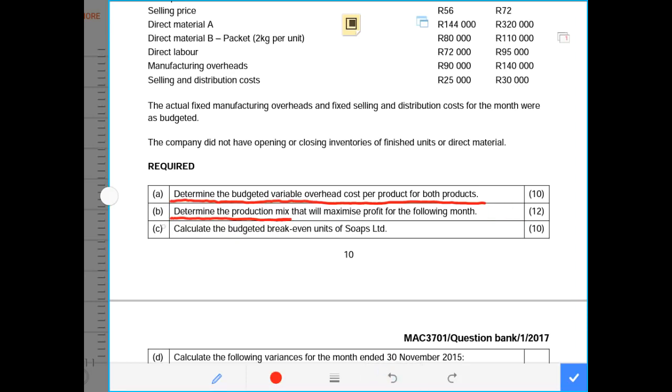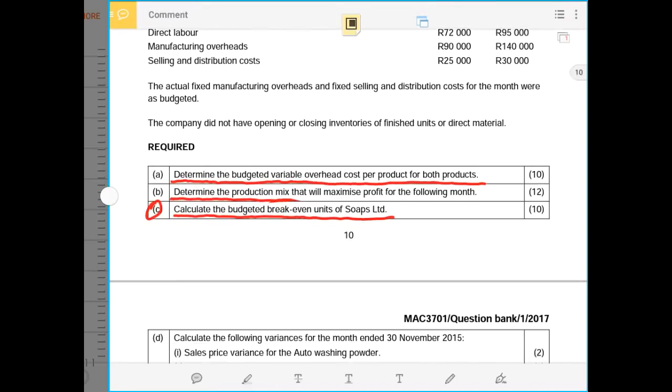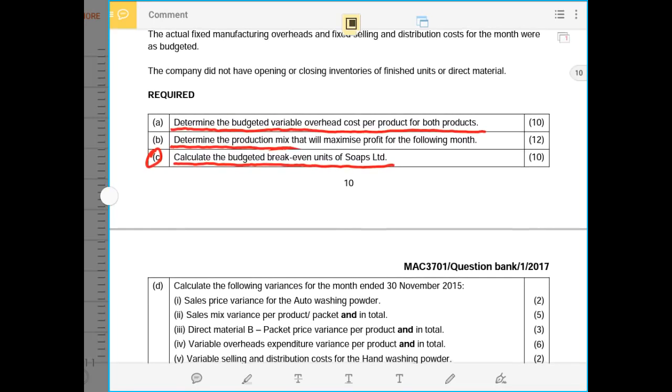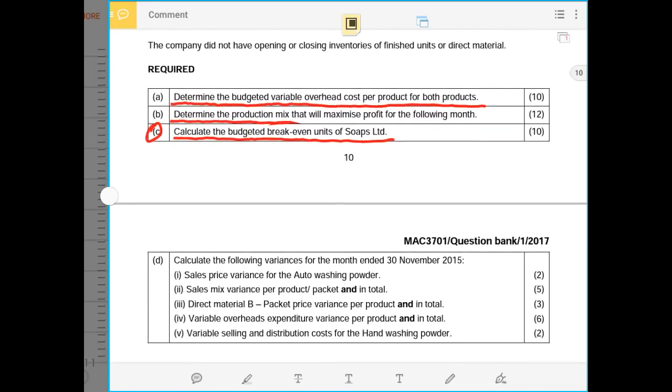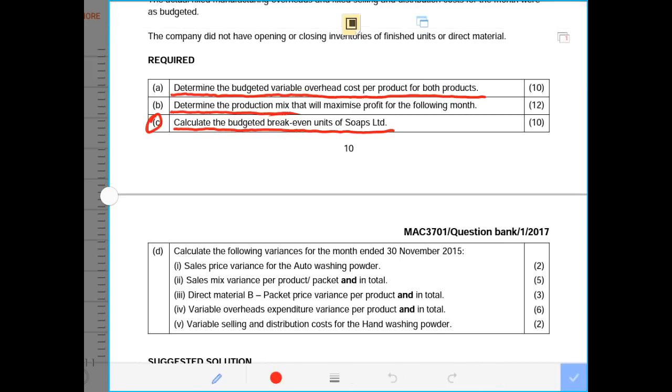Then we go to number C, where we are required to calculate the budgeted break-even point in units of SOAP LTD. 10 marks is the marks for that question. And number D, we are required to calculate the following variances for the month ending 30 November 2015: sales price variance, sales mix variance, direct material B packet price variance per product and in total.